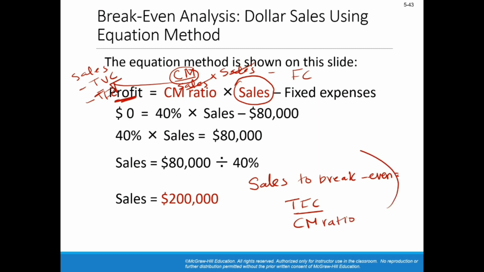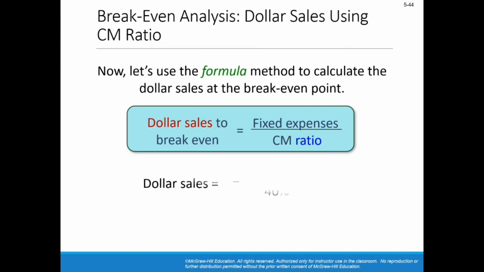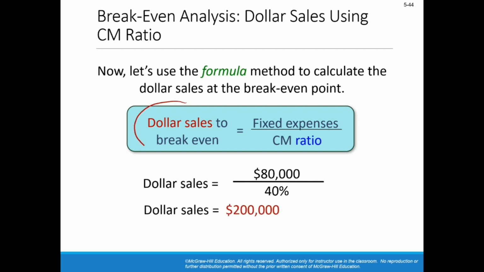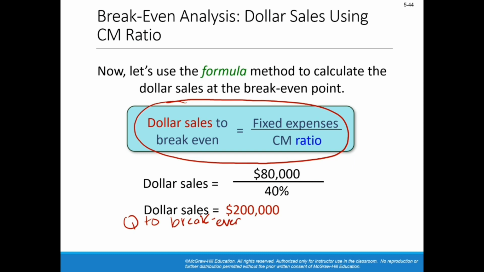And we got this from here. So this is the equation. Dollar sales to break even is fixed expenses divided by CM ratio, and you can say that quantity to break even is equal to fixed expenses, or total fixed cost, divided by unit CM.